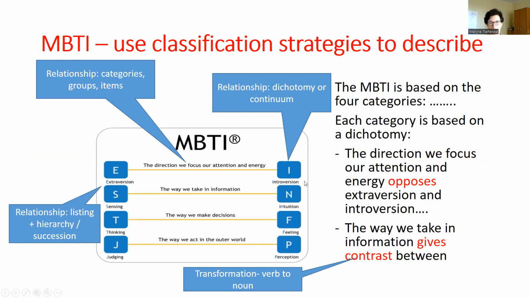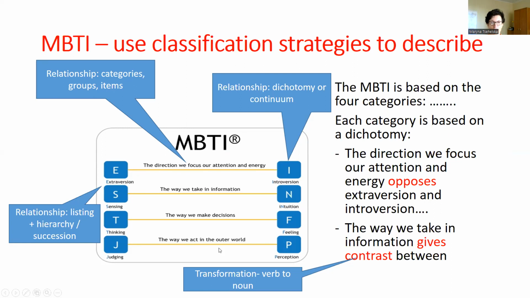So when we saw any type of a graph, you remember that first of all, we need to think of the relationships. Today, for example, we are reviewing the MBTI test and the MBTI types. And you see that the relations here will be the relations of categories.